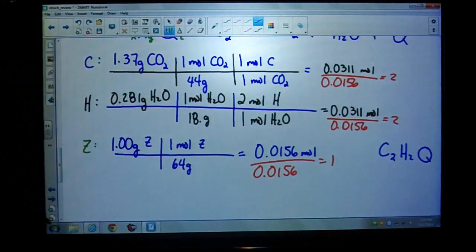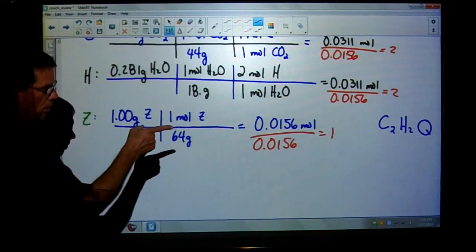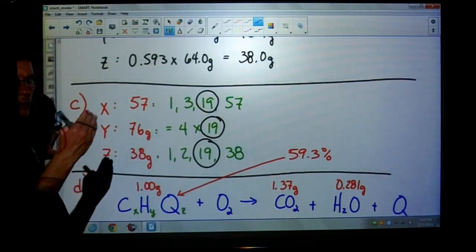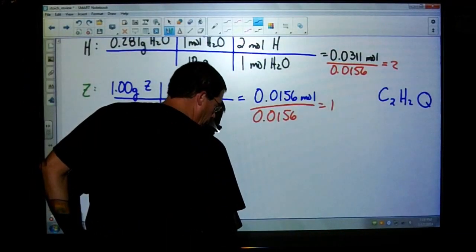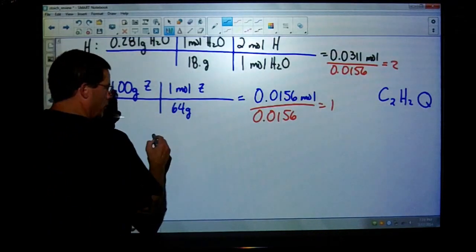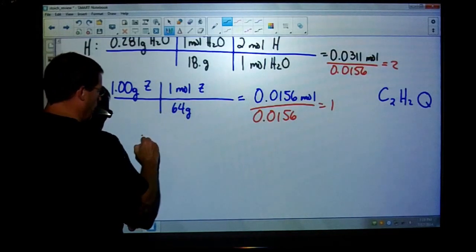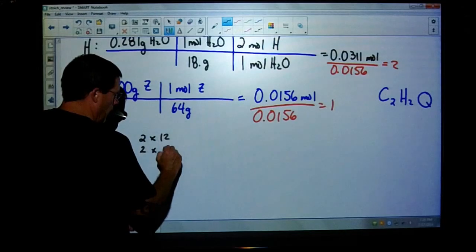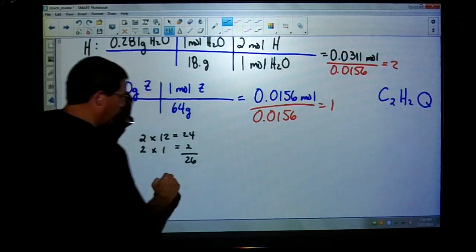How can I do that? Let's see. Now we predicted that Q may have a mass of 19, and again we can use that information. Let's do an experiment here. If I had 2 moles and there's a 2 to 2, we've got 2 times 12, 2 times 1, so that's 24, plus 2, it's 26.